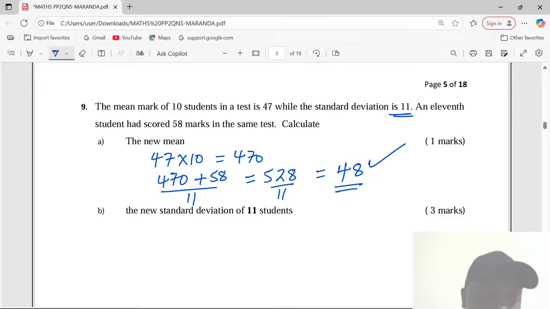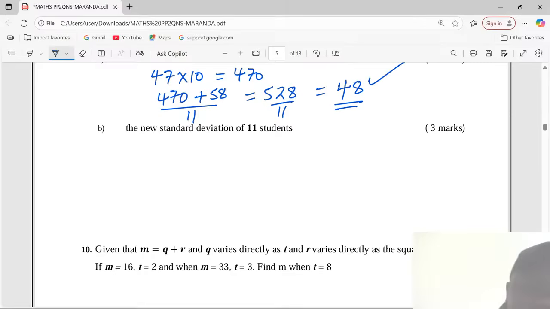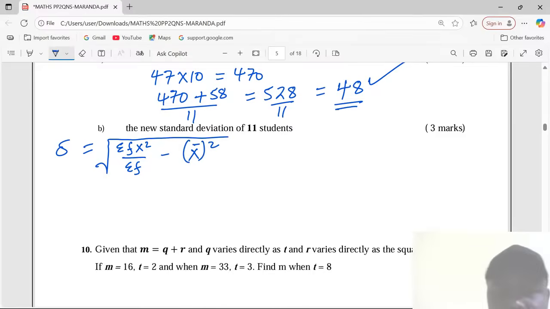We are supposed to know first, how do we get standard deviation? Standard deviation is given by the square root of the summation of f of x squared divided by the sum of f, minus the mean squared.